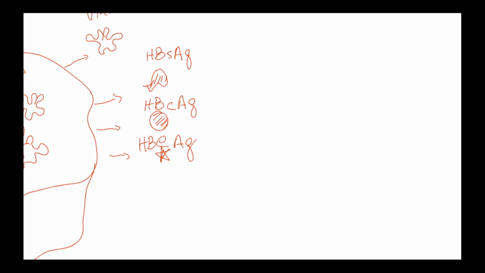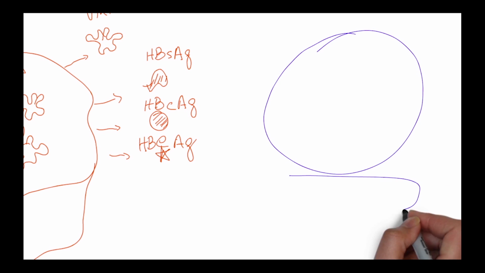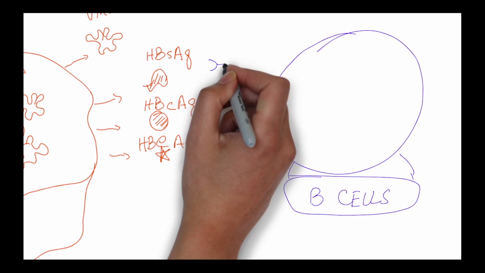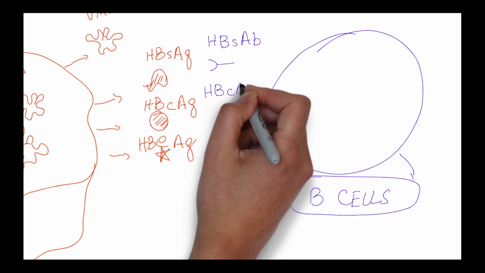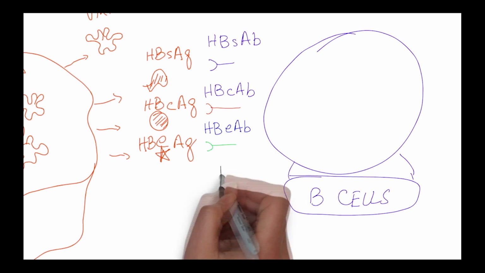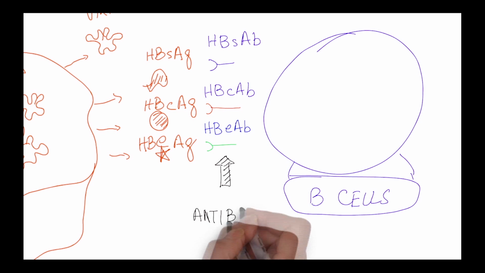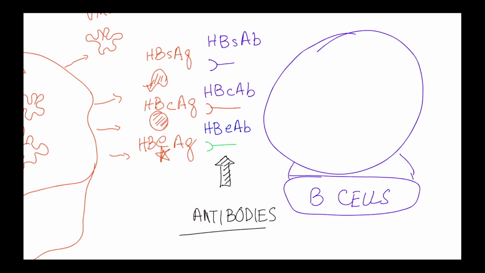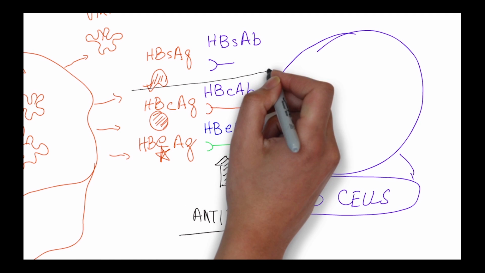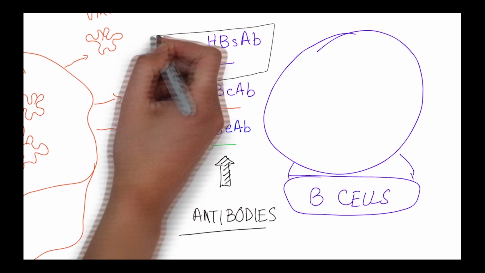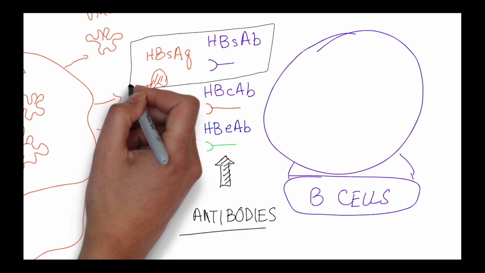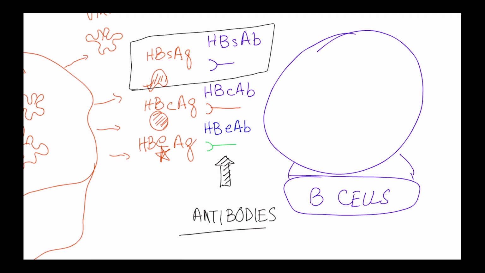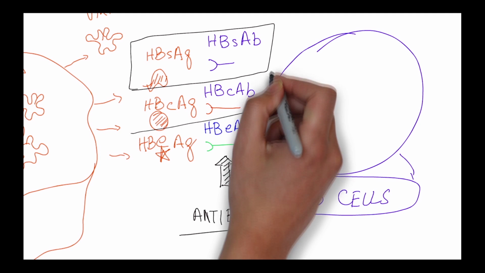So for every antigen there is an antibody. So HBsAg will have an antibody which is HBsAb. HBcAg, hepatitis B C antigen, will have HBcAb, which is hepatitis B core antibody. And similarly, HBe antigen, Ag, will have HBeAb or antibody. So all three can be present.